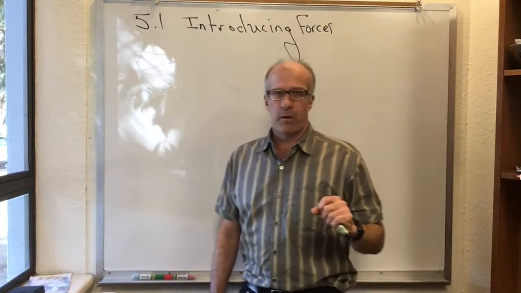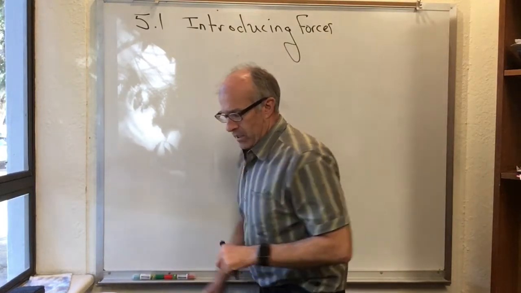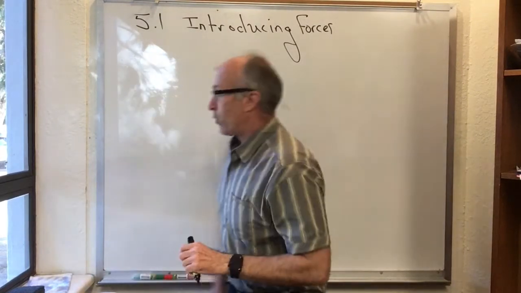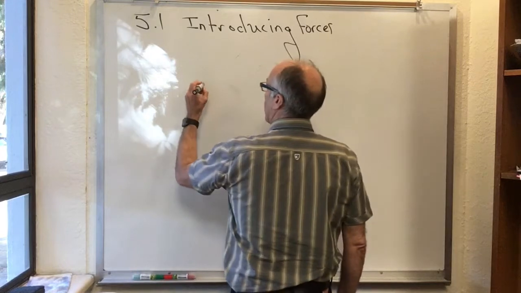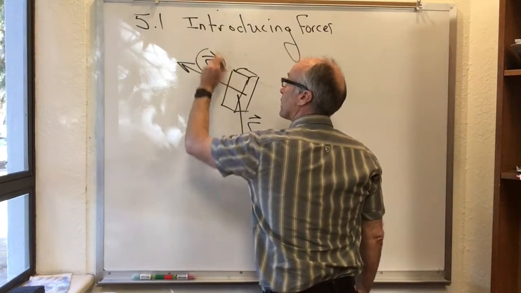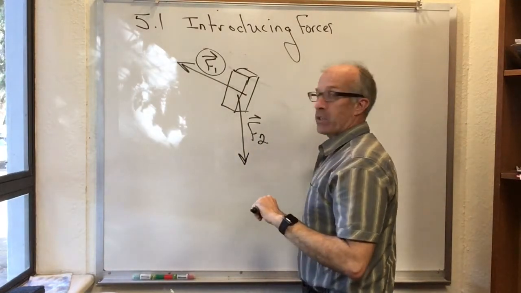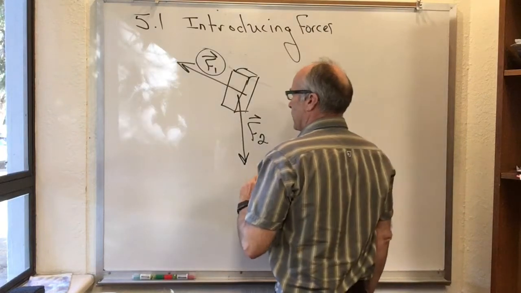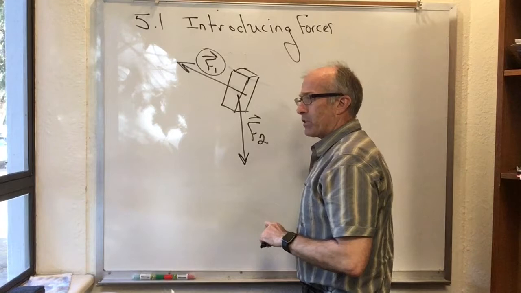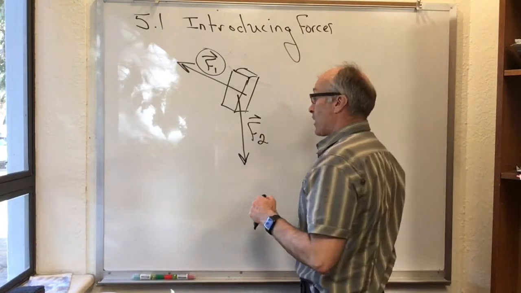Another major concept about forces is addition of forces. As an example of a long-range force, the one that you know about the most or experience the most is gravity. Here's my eraser again, and what I've shown here is the force, which I've now called F1, which is the force of my hand on the eraser, and another force that I've called F2, which is the force of gravity, which we're going to learn is yanking downward on the eraser.